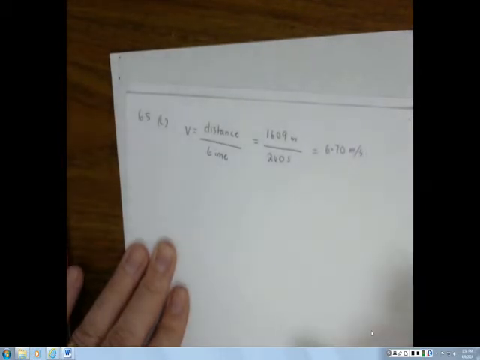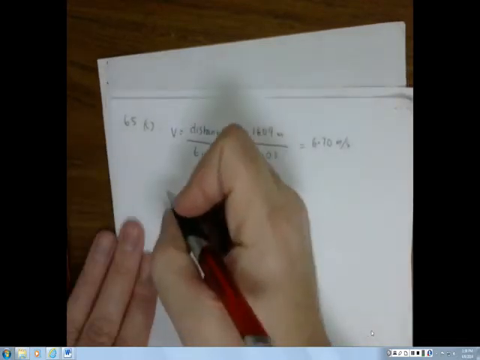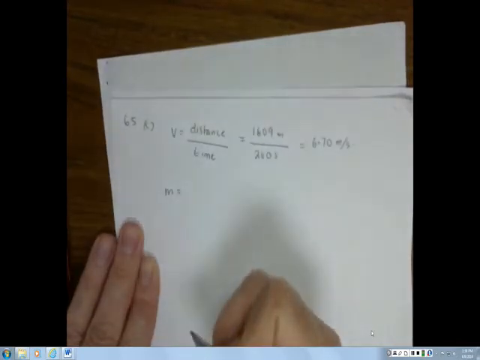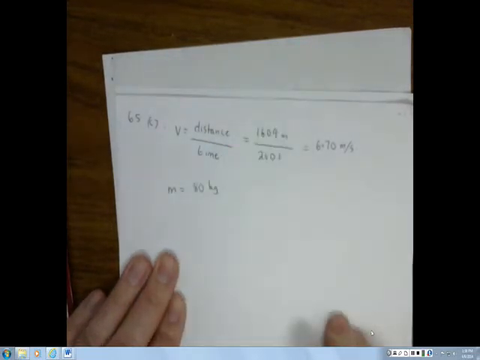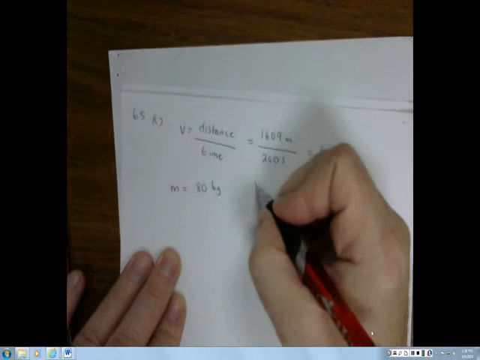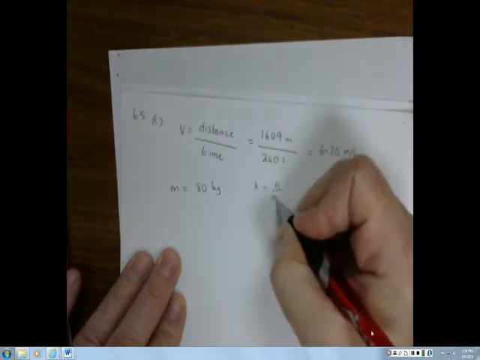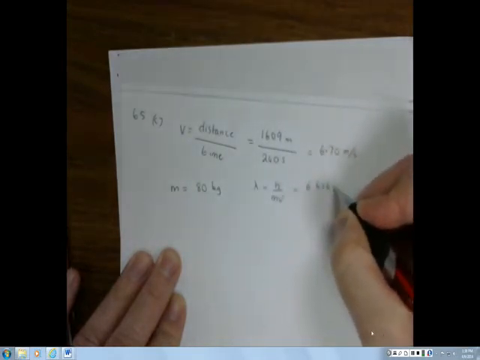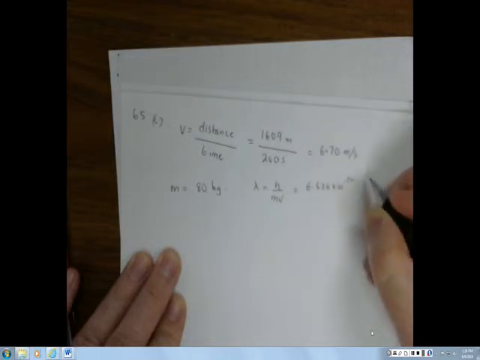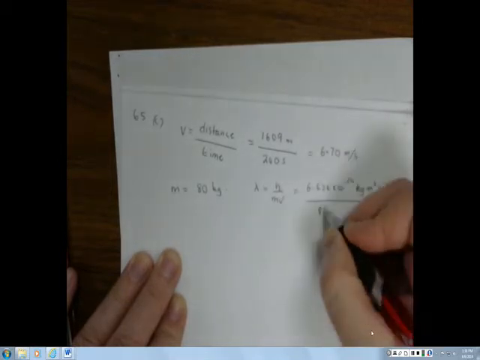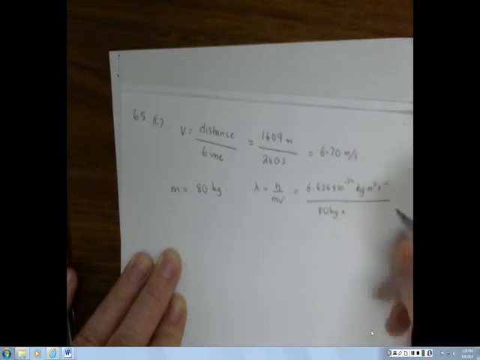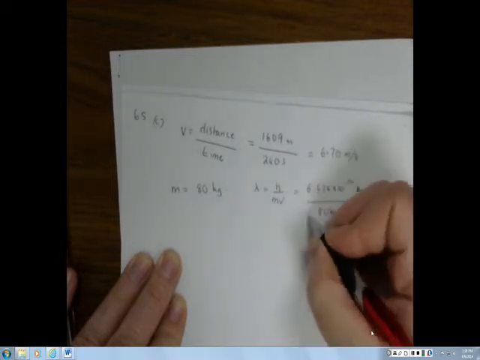So we've got his velocity. His mass is 80 kilograms. That's nice, we don't have to do any unit conversions because I've given us his mass in kilograms, and lambda is h on mv. So 6.626 times 10 to the minus 34 kilograms meters squared per second divided by 80 kilograms times 6.70 meters per second.